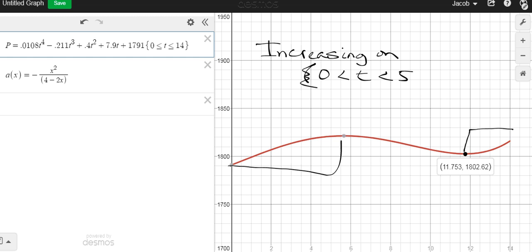You want to call that 11 or you want to call that 12? I'll take either one. Okay, so 12 less than t less than 14. So t is increasing on those two intervals. That's all it asks. That's all it asks.